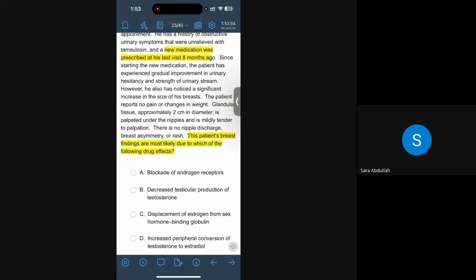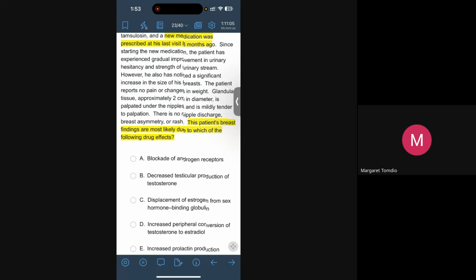What is the cause of gynecomastia? When the estrogens are more than the testosterone, right? A patient will develop gynecomastia when the estrogen is more than the androgen.